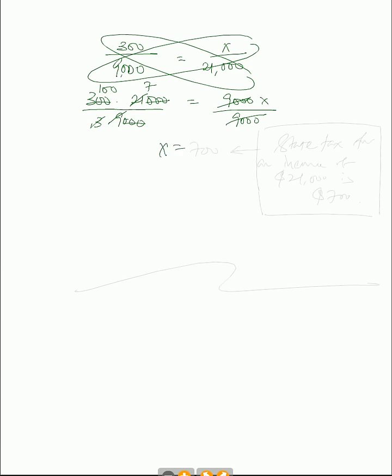So straight away I know x is 700. Or in other words, the state tax for an income of $21,000 is $700. Always get into a habit of writing a statement when you're done, and that's your answer for the word problem.